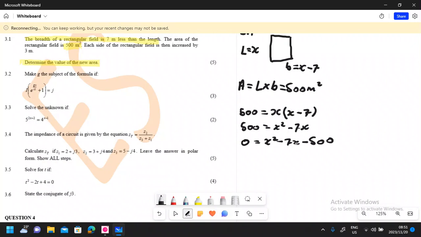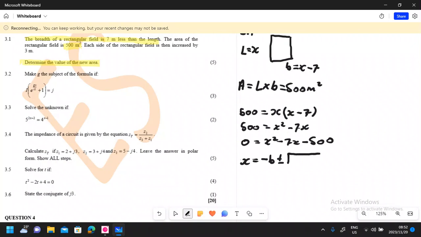As you can see, this now is a trinomial. Now we need to factorize this. As you can see, this is a big number. We have a 7 here, and a big number here. The best way of doing this, guys, is to use the quadratic formula. So let's use it. x is going to be equal to negative b plus or minus the square root of b squared minus 4ac, all over 2a.